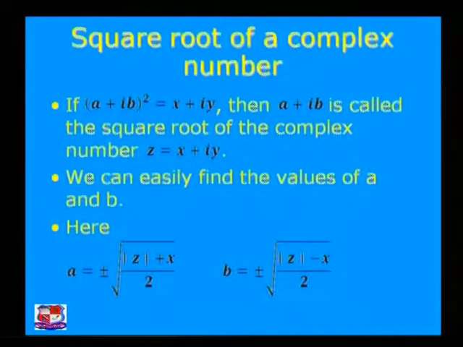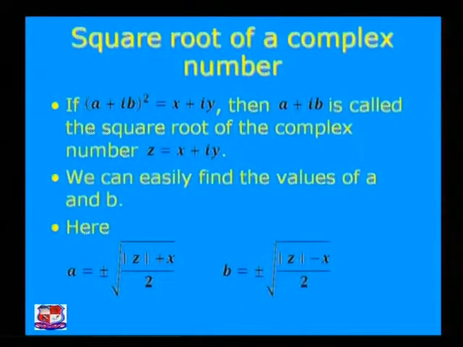If we look at the PPT here, if a plus ib whole square is equal to x plus iy, then a plus ib is called the square root of the given complex number, and we can easily find the values of a and b, where a is equal to plus or minus root of mod z plus x divided by 2, and b is equal to plus or minus root of mod z minus x divided by 2.